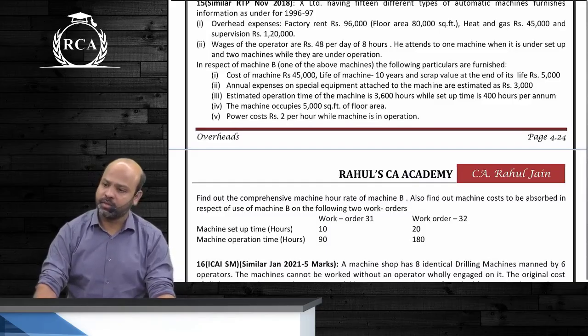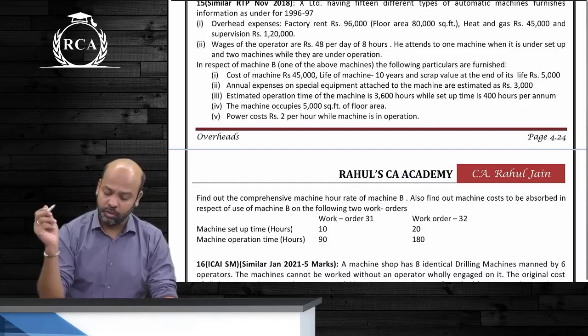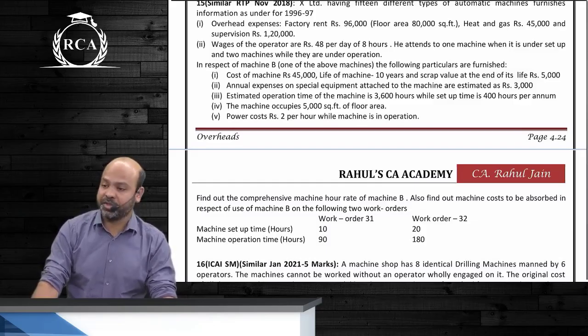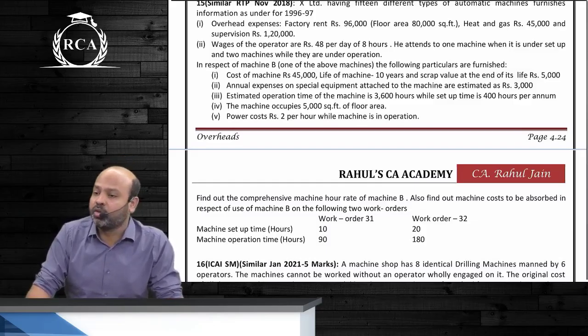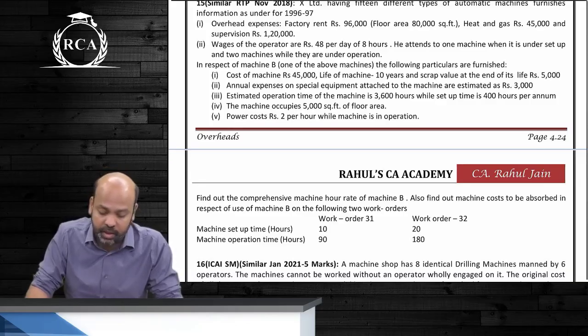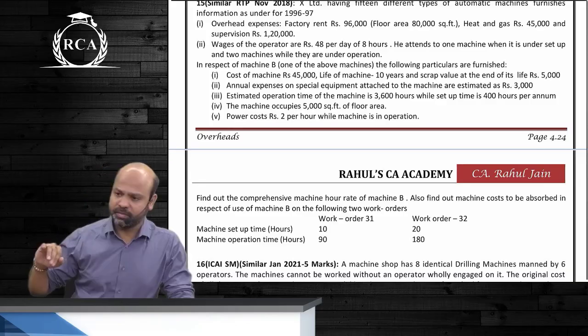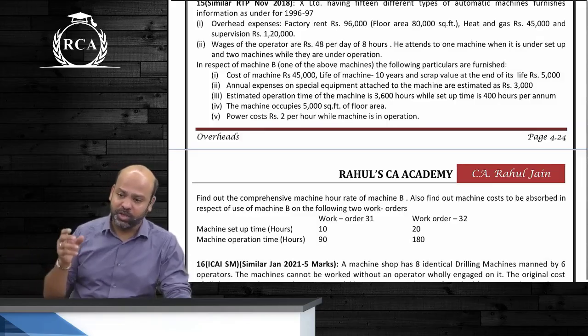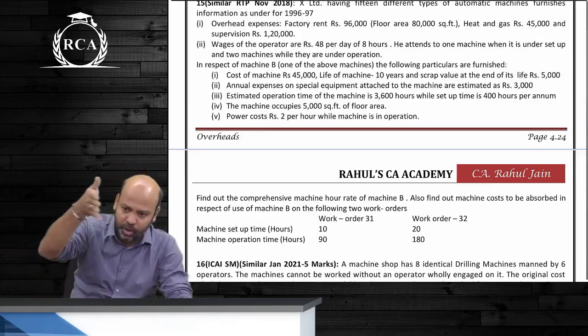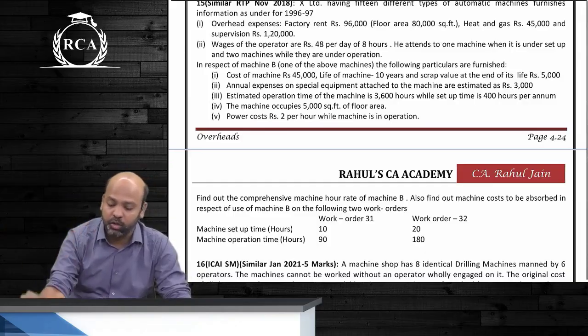ठीक है? तू प्रथम बोल बेटा. How will you allocate heat and gas and supervision? Factory rent तो अपन अभी decide कर लिया. You tell me about heat and gas and supervision. इस मशीन ऑपरेशन टाइम कहाँ से एलोकेट करते हैं बेटा तुम लोग? मशीन ऑपरेशन एक का है, अपन को पूरे मशीन में डिवाइड करना है. आई कैन नॉट इंक्लूड द एंटायर 45,000 और 1,20,000 इन द कॉस्ट स्टेटमेंट गाइस.